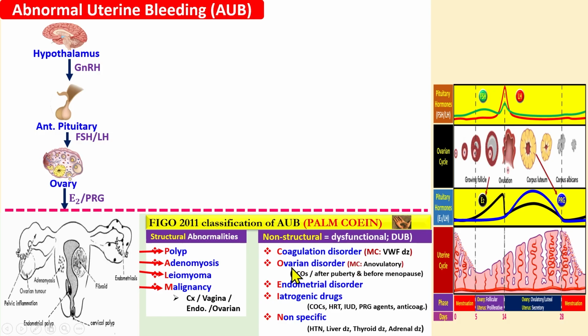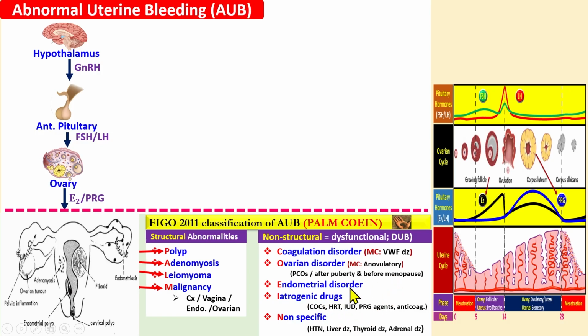Then the ovarian disorders mostly cause anovulation, meaning there is no ovum release. Mostly it is due to PCOS, the polycystic ovarian syndrome, especially if you see a patient presenting after puberty or before menopause; it is mostly due to an ovarian anovulatory problem.